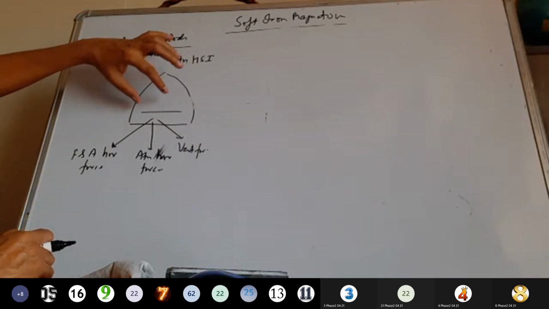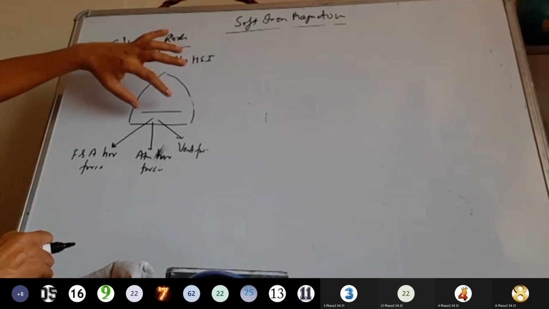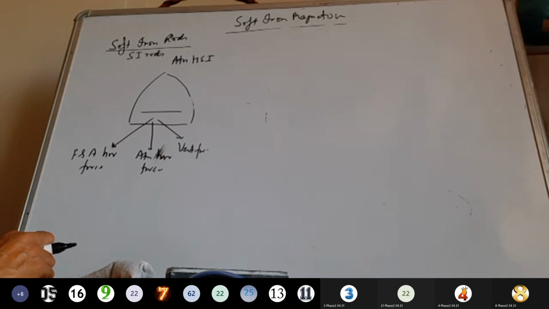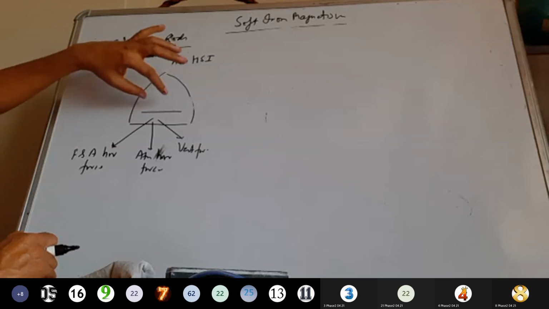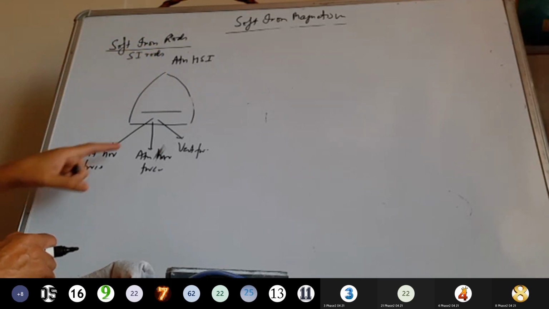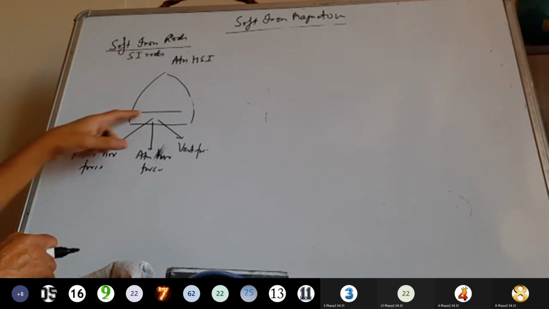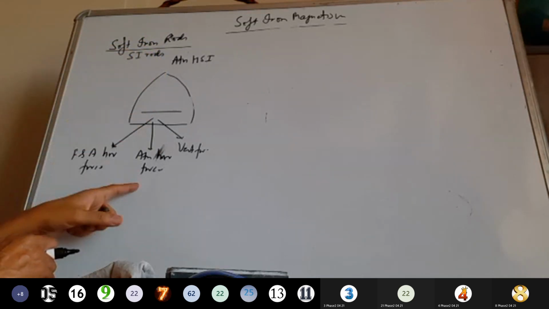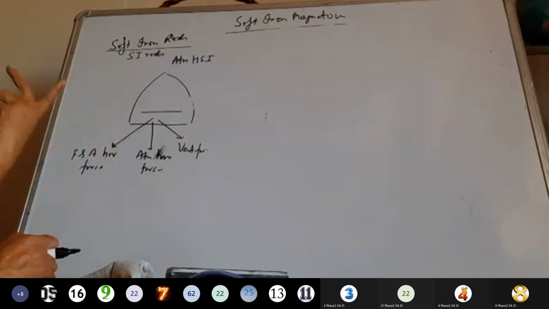So the induction in this athwartship horizontal soft iron, the force which is acting at the compass position, can be resolved into 3 components: fore and aft horizontal component, athwartship horizontal component, and vertical component.